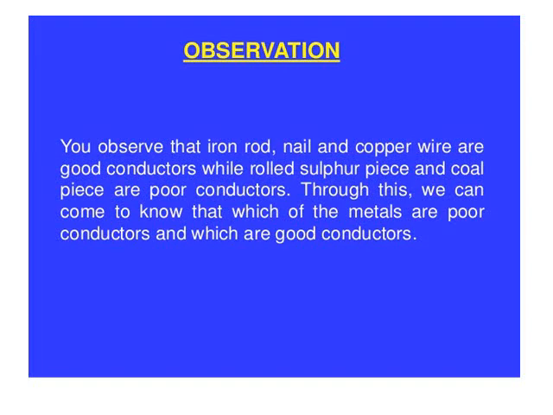When you connect coal or sulfur in between the gaps, then the bulb doesn't glow, indicating that it is a poor conductor of electricity. So those which conduct electricity are good conductors, and those who do not conduct electricity are poor conductors.